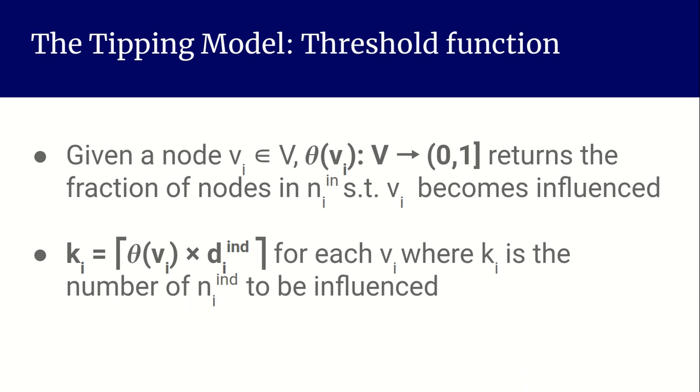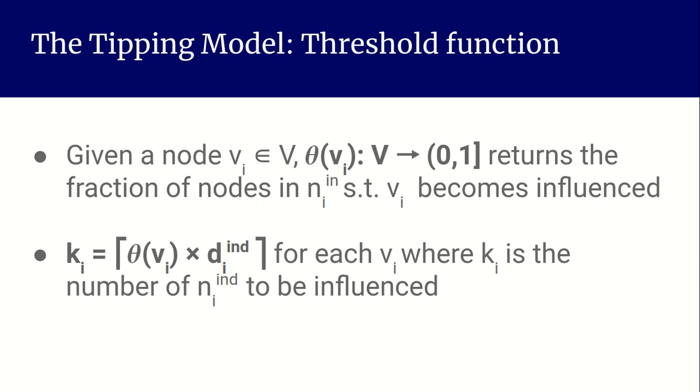Recall that the node gets active if a portion theta of its incoming neighbors is already active. We can define this function theta for each node v sub i and then use this to model the infection. Hence, theta of v sub i returns a real number in the interval [0, 1], with both extremes included, which determines the susceptibility for a node to get infected.